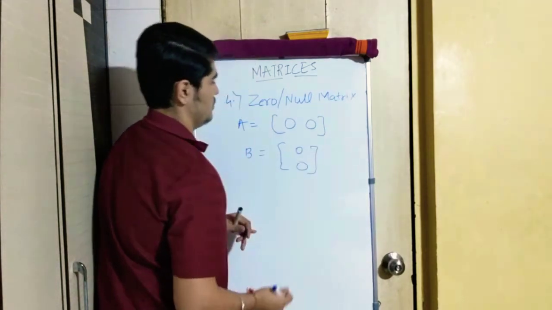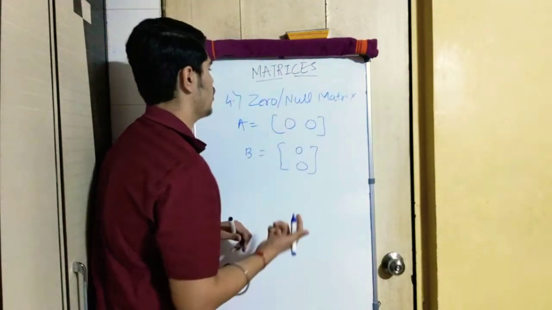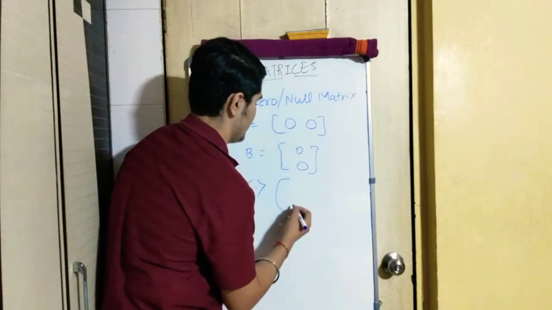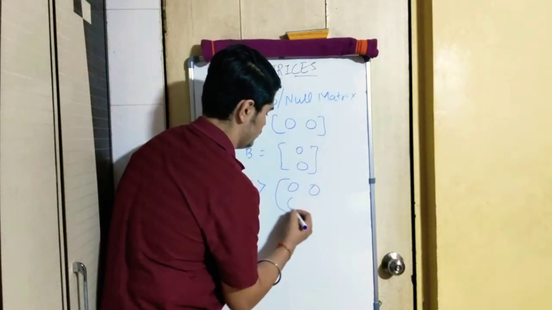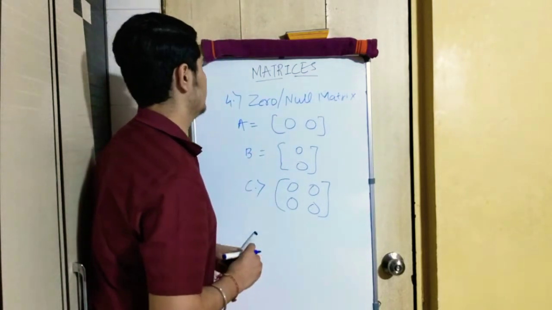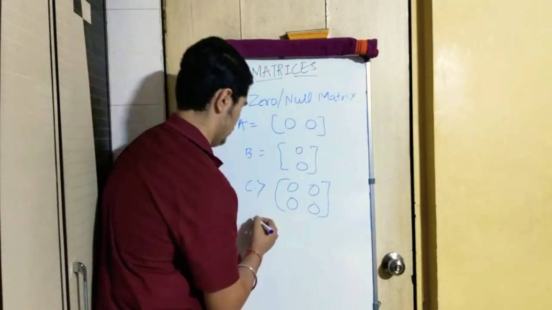We will write the order of the matrices afterwards; first we are writing the different matrices. That is, every element in a null matrix is 0.